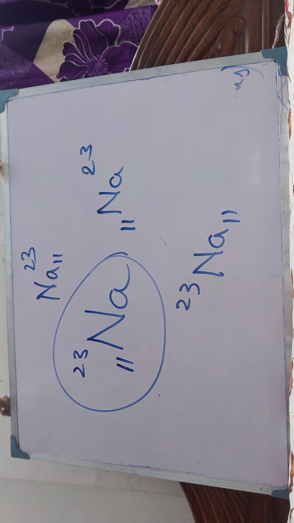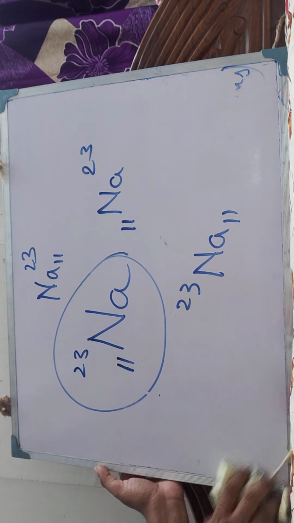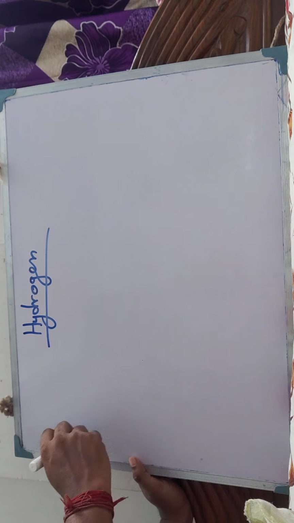Now, what are isotopes? Isotopes are those which have the same atomic number but different mass number. For example, hydrogen. You have heard of hydrogen, I hope. Hydrogen has 3 isotopes. Number 1 is known as protium.